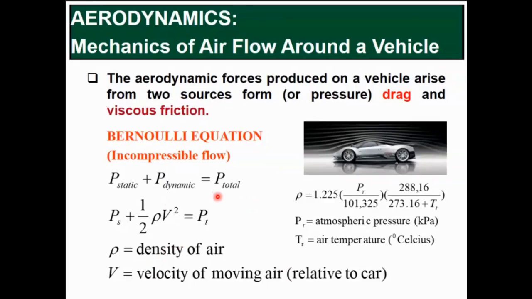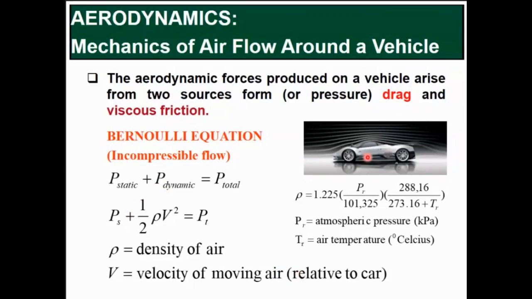P stands for pressure, meaning that the total pressure is equal to static pressure plus dynamic pressure. Static pressure, the symbol is PS, and the dynamic pressure is related to the density of air and the velocity of moving air, which is relative to the car.